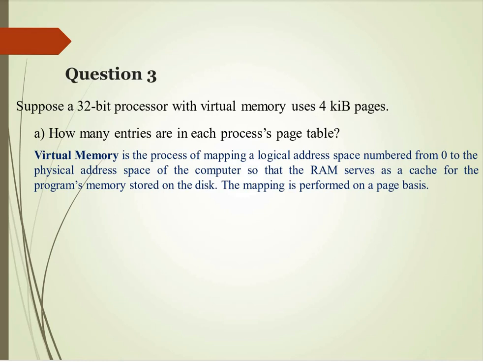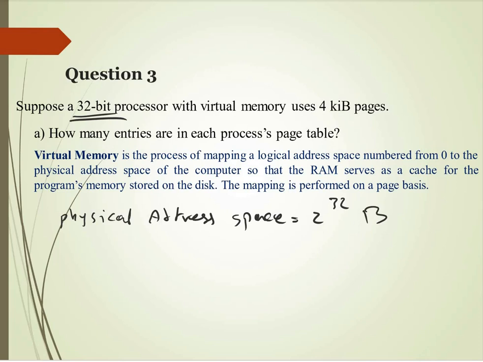Basically, virtual memory is used to increase the performance of the processor. So first of all, we want to know the physical address space that can be used. The address space would be 2 to the power of 32 bytes, since we have a 32-bit processor.